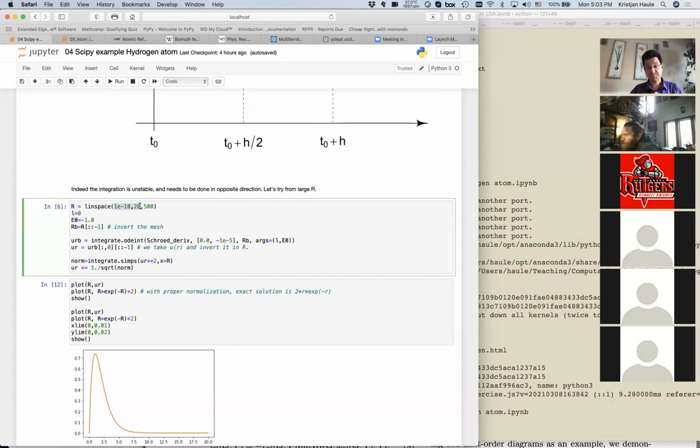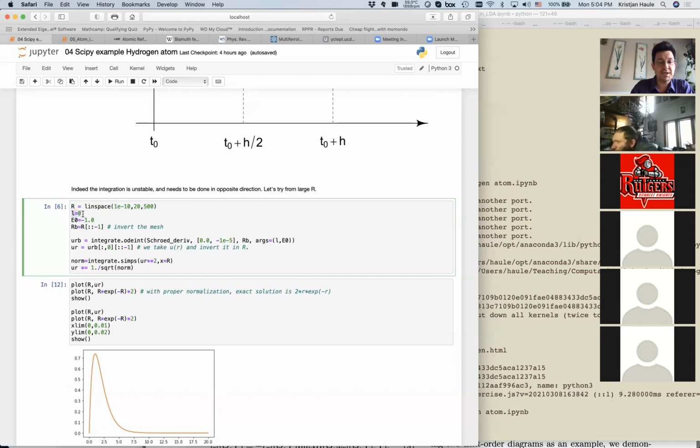Now we know that the Bohr radius is where the electron is on average, where there is a large peak of the electron cloud. So the typical distance is 1 in these units. So going to 20 is probably pretty large. The function should fall off pretty fast after this value. And we're going to take 500 points.